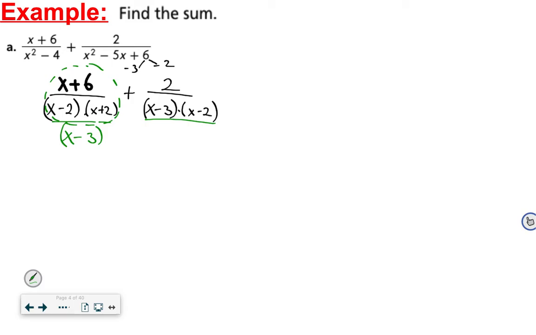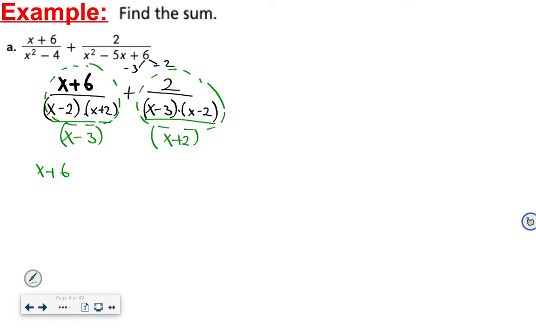When you look at the second fraction denominator, which expression is missing when you compare with the first? It is x plus 2, so we need to expand this by x plus 2. Now let me expand the first fraction by x minus 3.